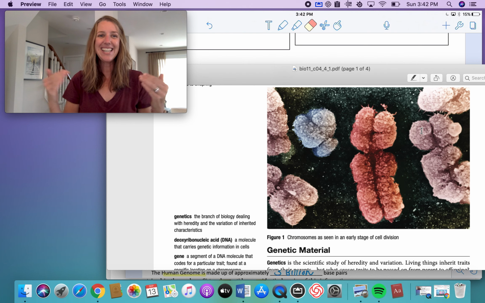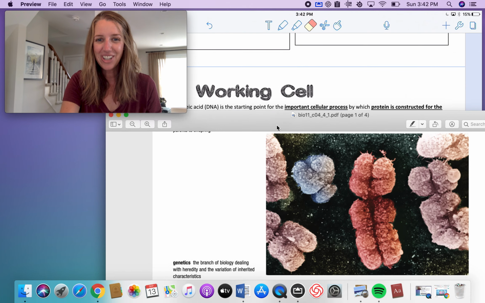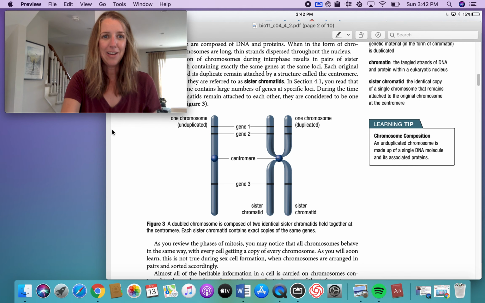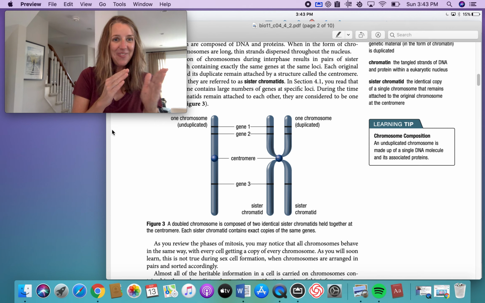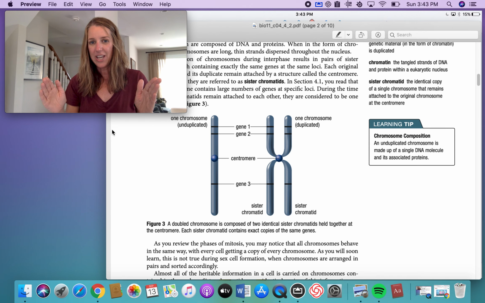And then of course we're going to get to the biological diagrams that we're looking at, and they're simplified as best you can. So here's basically that big fuzzy chromosome. Here's what it's going to look like in our textbook, so we can talk about the parts of it. On the left you can see you've got one chromosome there. At some point, a chromosome needs to make a copy of itself so that when the cell divides into two, it can send one copy to one cell and one copy to another cell.